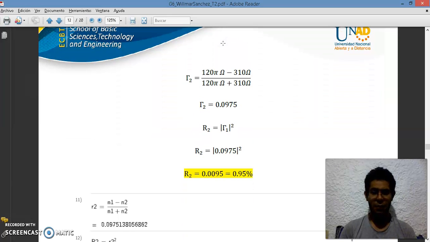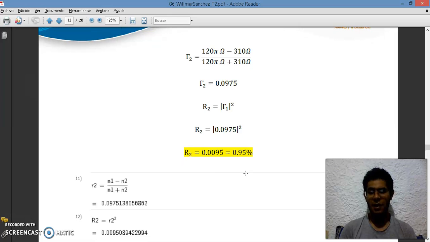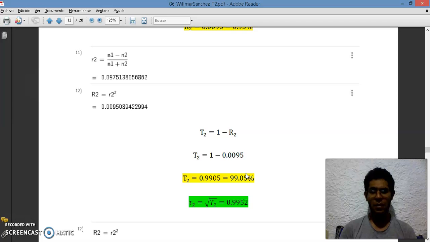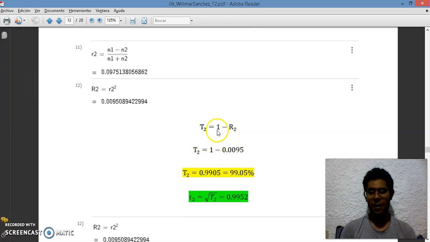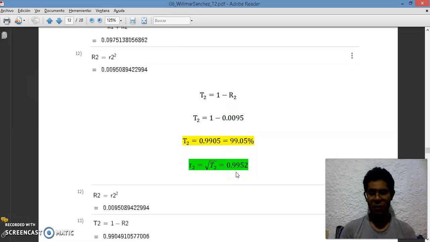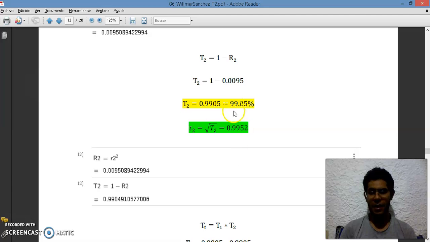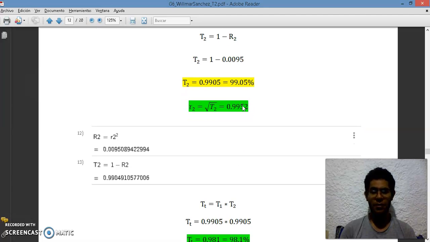Replace it, development, and find that the reflection coefficient is equal to 0.95, and with this value I find the transmission or refracting coefficient, 1 minus the reflecting coefficient, replace, and found that the transmission coefficient is equal to 99.05% again.